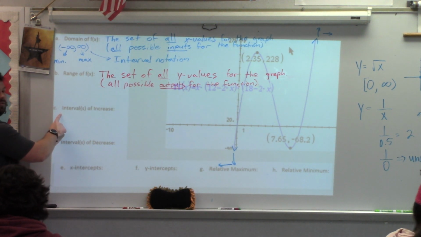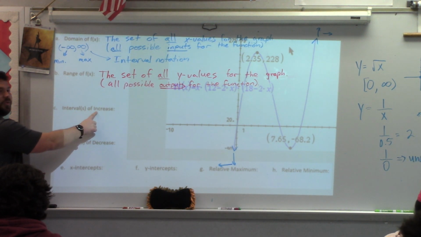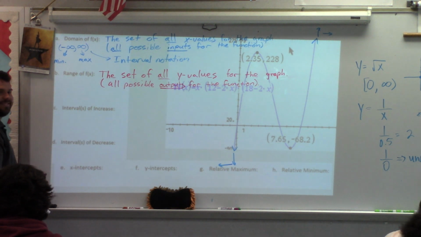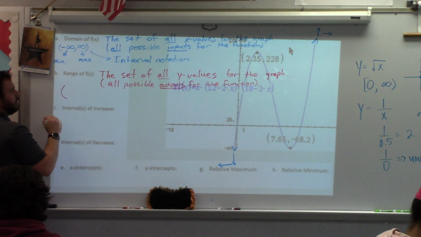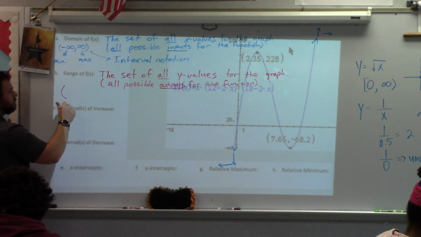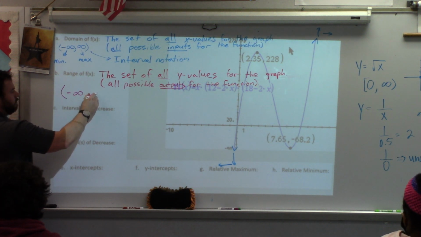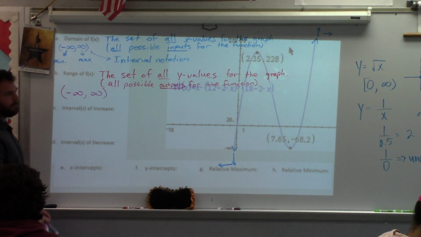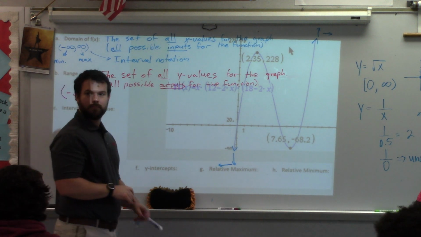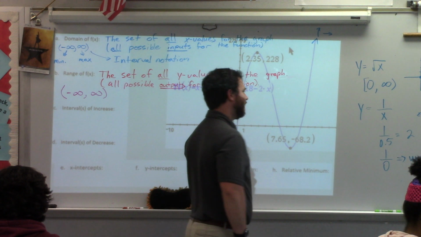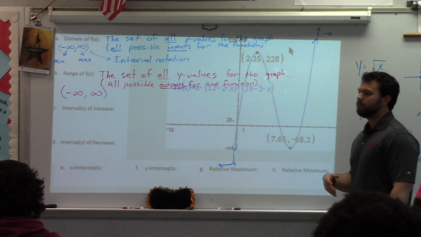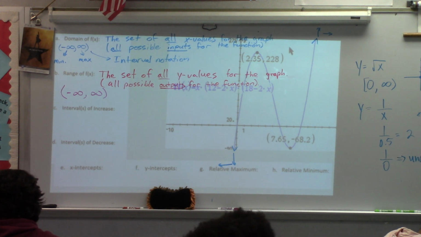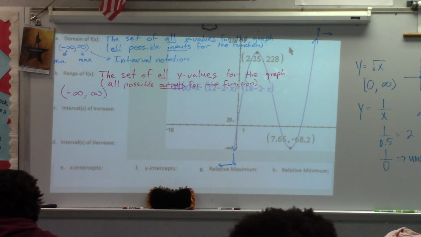We're actually going to use it for intervals of increase too. So what is the minimum y value? Negative infinity. Maximum? Infinity. So again, you always want to do the minimum first and then the maximum.